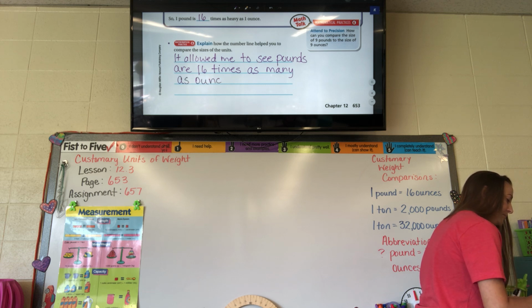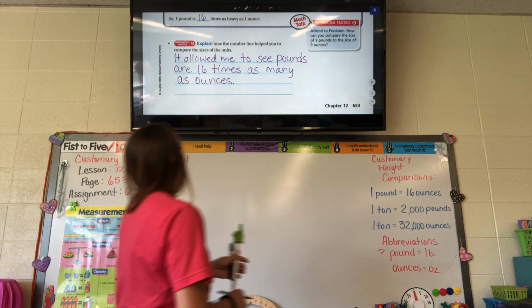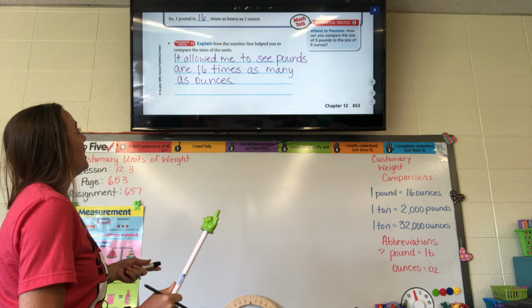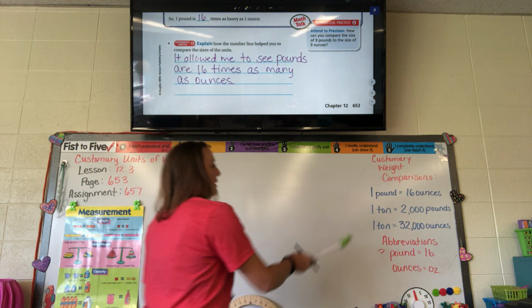How about that? So the visual allowed us to see that pounds are 16 times as many as ounces. Okay, we got that here too.